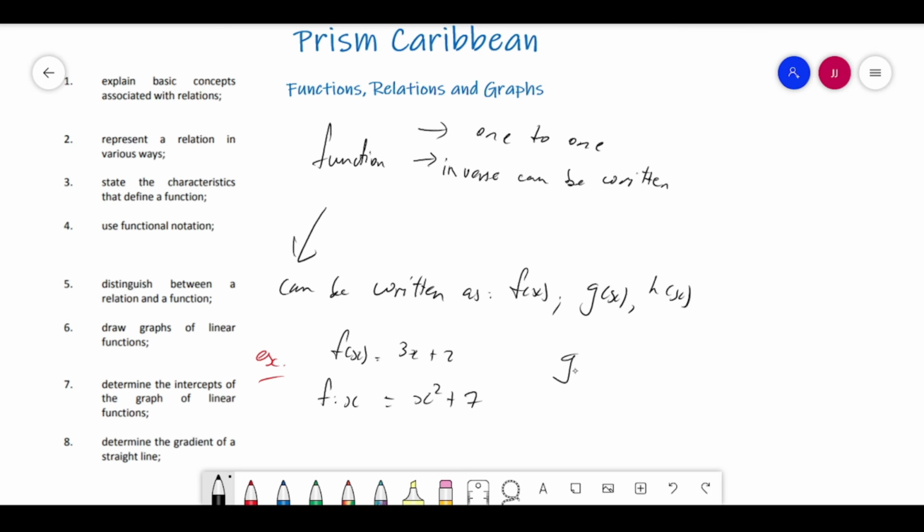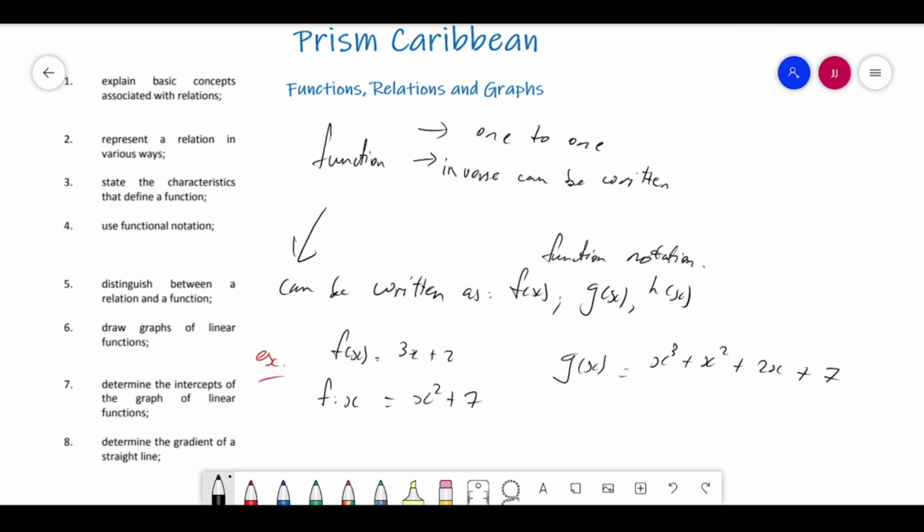You know, even g of x is equal to anything, x cubed plus x squared plus 2x plus 7, right? And that's just pretty much the hang of it right there, the beginning of what you need to know. This here is a function notation, right? That's all you need to know for there.